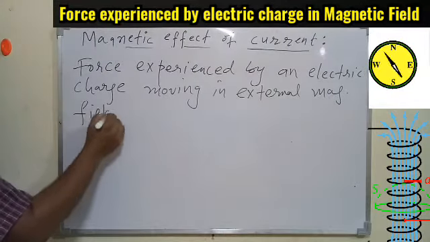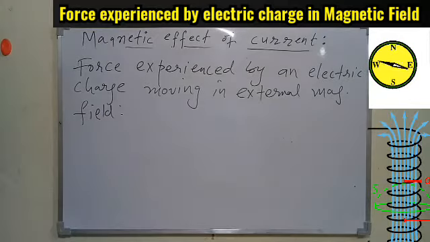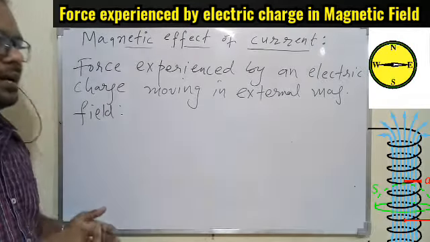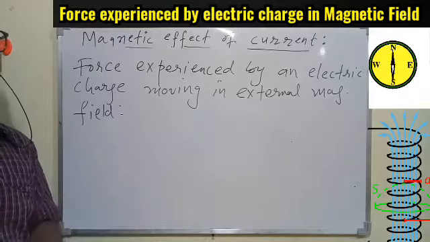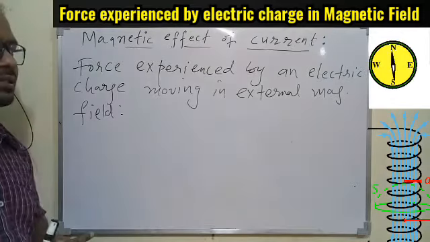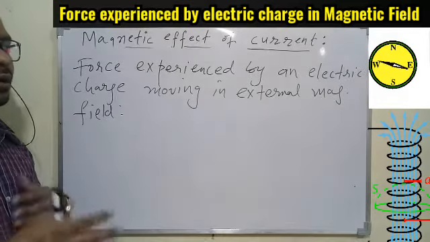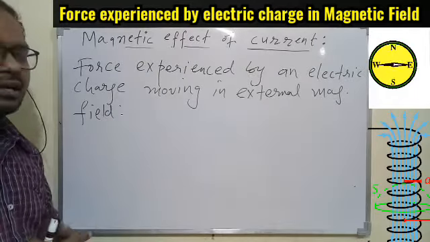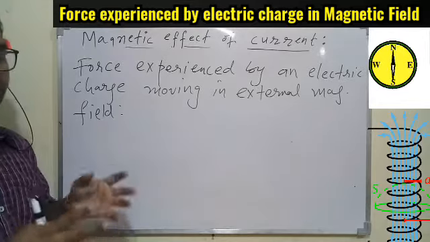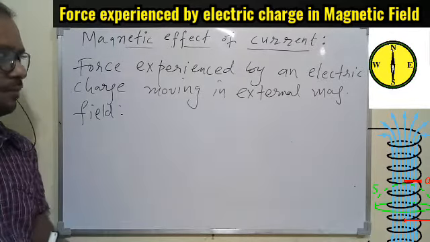The topic is quite lengthy, but it is also a very important topic. From this we will go to the conductor, and from the conductor we will go to one of the applications, that is the electric motor. So now we are going to understand somehow indirectly the concept of the electric motor, but the electric motor will not be done today, it will take time.